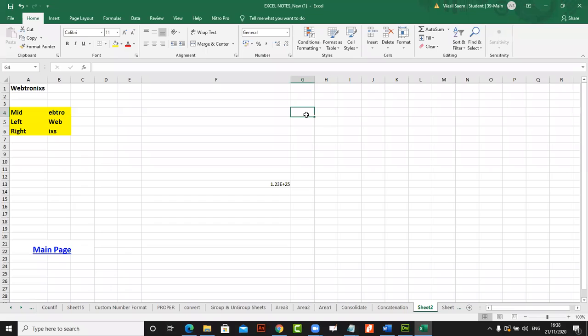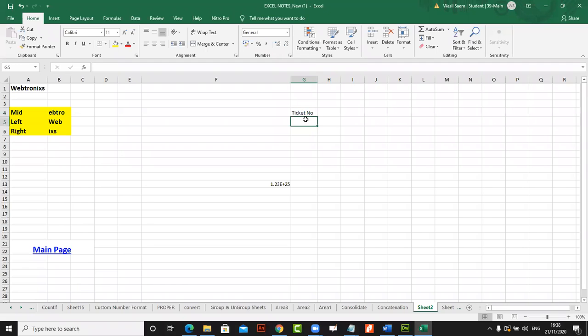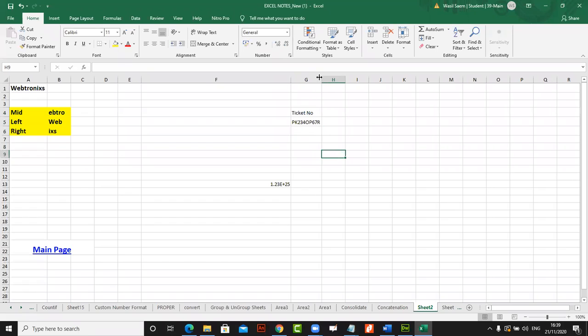Now, let me just elaborate this a bit more. For example, you have over here the ticket number. I will just randomly write some ticket number: PK, OP, 67, R. That's my ticket number.